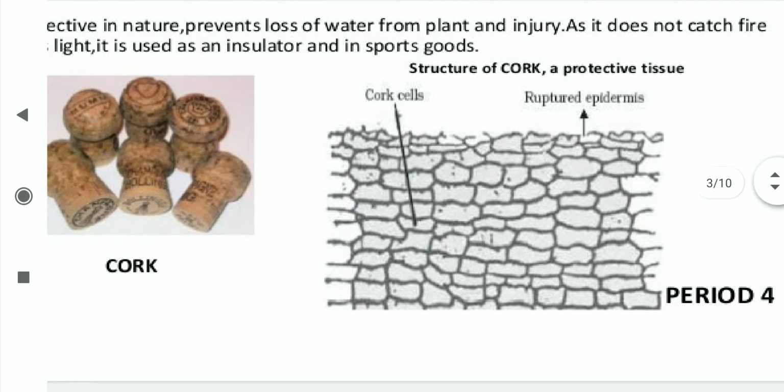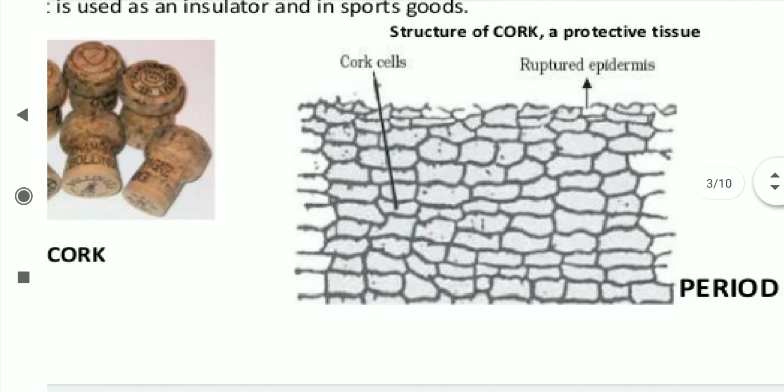So in these cells of cork, which deposition is there? Suberin deposition is there. This suberin does not allow gas and water to move in or out. So they are protective tissues. Okay, children, is this clear?